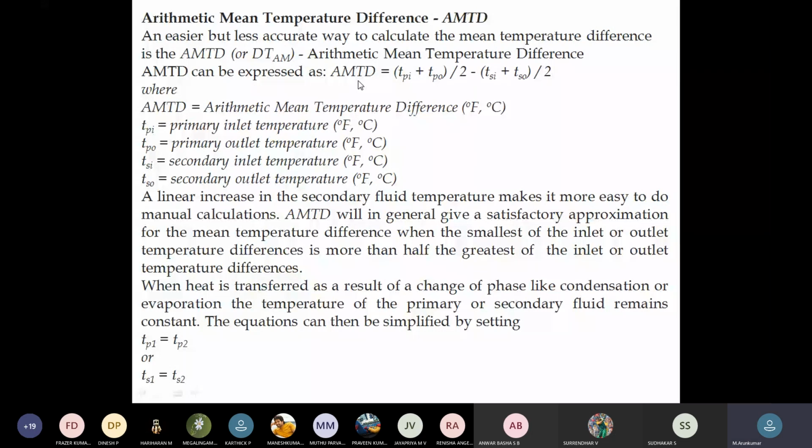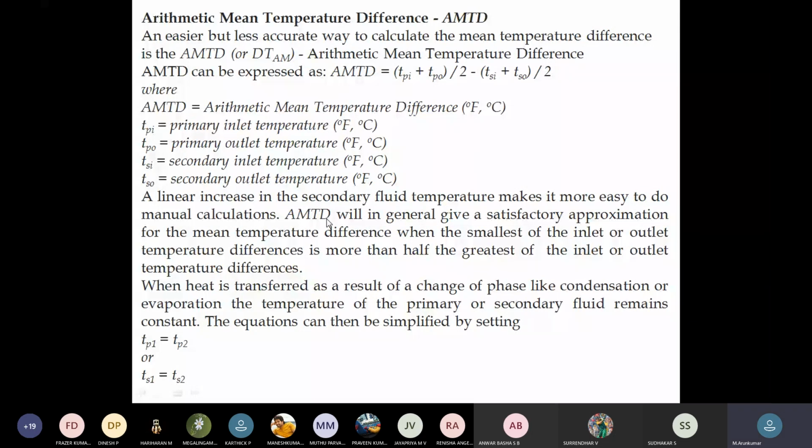The linear increase in secondary fluid temperature makes it easier to do manual calculation. So this AMTD will in general give a satisfactory approximation. So we can get an approximate value of this temperature difference.